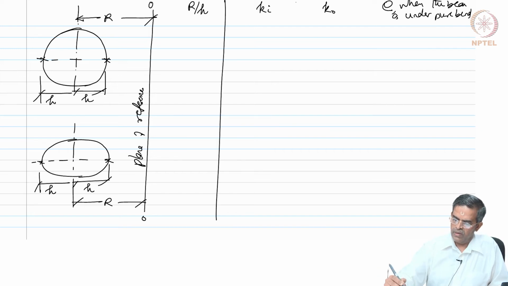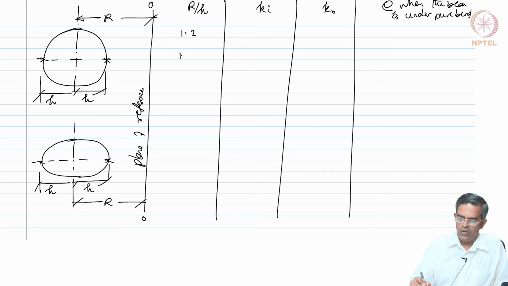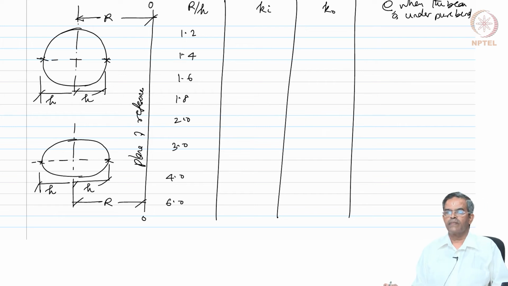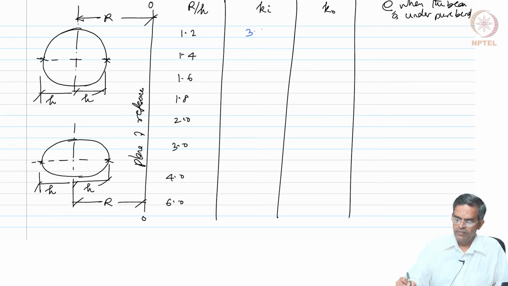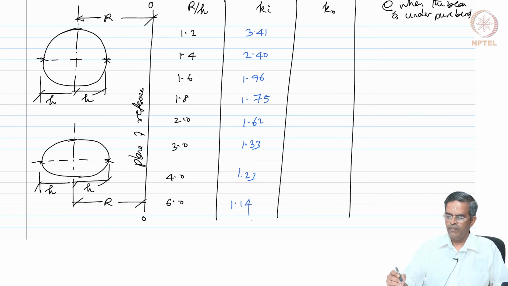So, let us see what are these values given by the researchers. At different intervals of R by H: 1.2, 1.4, 1.6, 1.8, 2, then 3, 4 and 6. Ki: 3.41, 2.40, 1.96, 1.75, 1.62, 1.33, 1.23, 1.14.